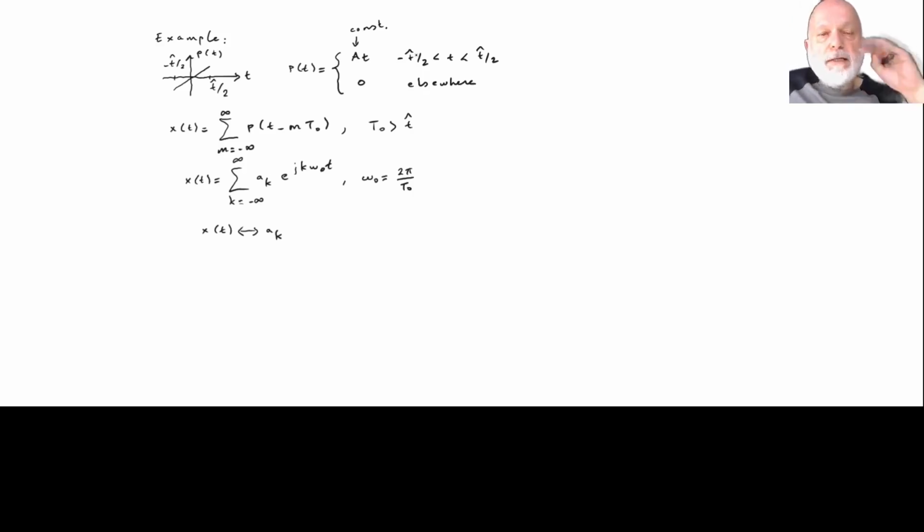Now we can obtain the Fourier series coefficients ak by considering the derivative of x of t.